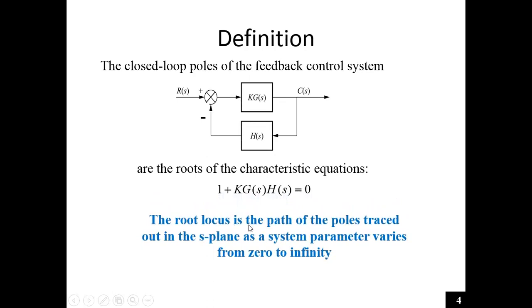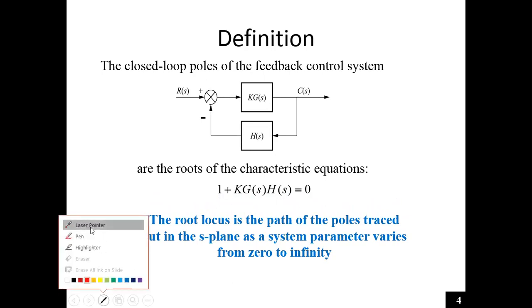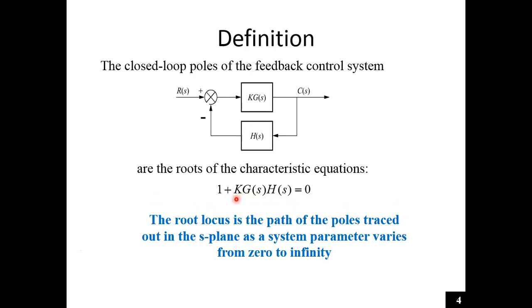The root locus is the path of the poles traced out in the S-plane as the system parameter varies from 0 to infinity. As we change the system parameter K, the response changes, and starting from 0 to infinity, how will the poles move in the S-plane?